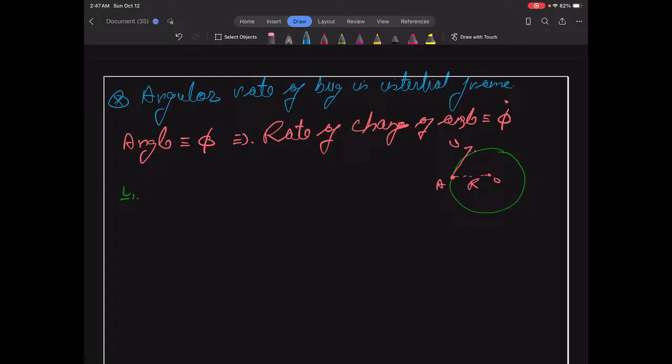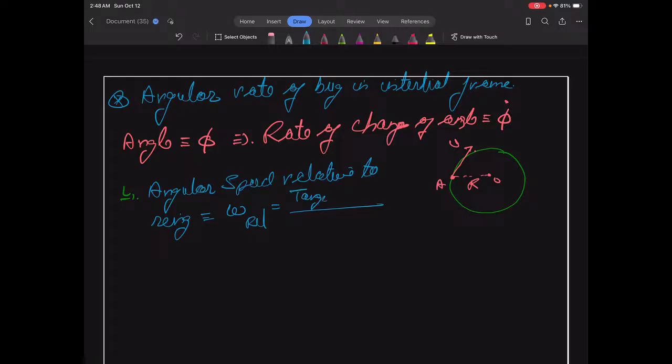Therefore, the angular speed relative to the ring, let us call this omega relative, will be equal to tangential speed over radius, which is v upon r.